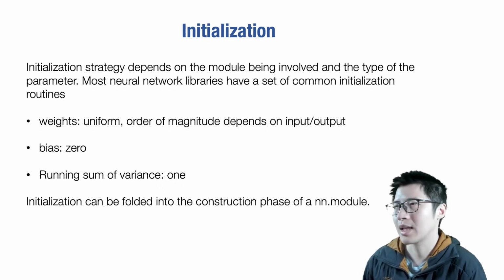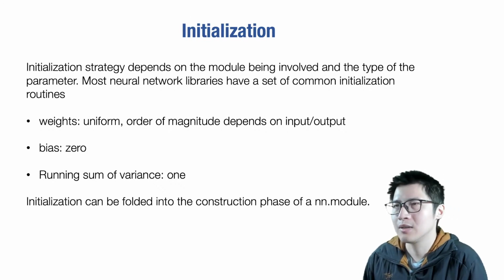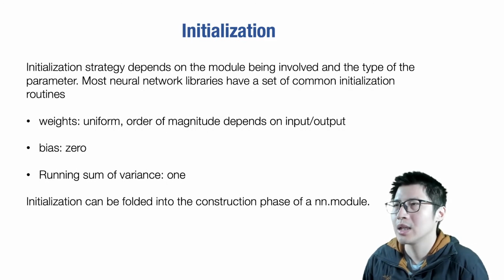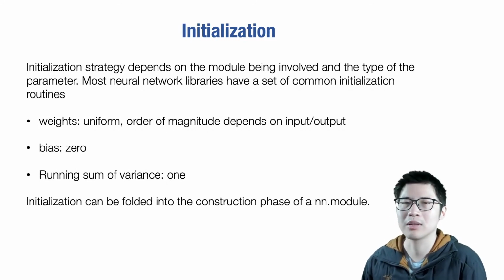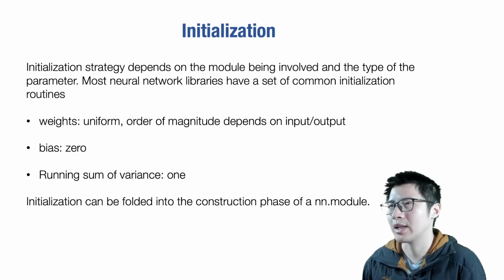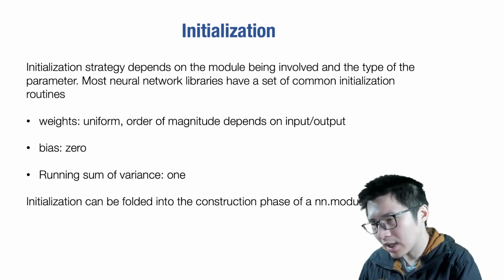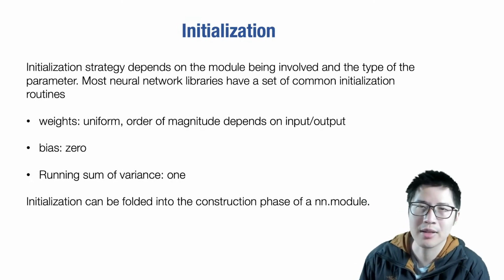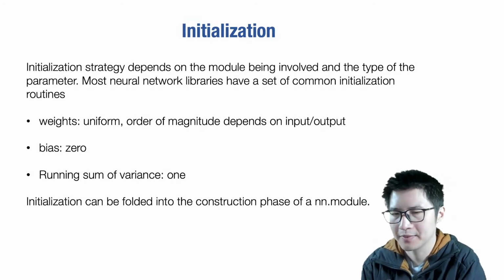Usually bias terms can be initialized to 0, for example. Convolution weights and matrix multiplication weights, we usually use uniform or Gaussian distributions, where the order of magnitude depends on the input and output. And usually initialization can be folded into the construction phase of a module.